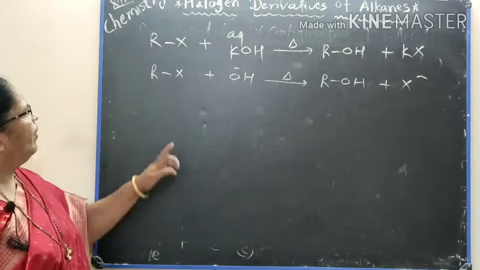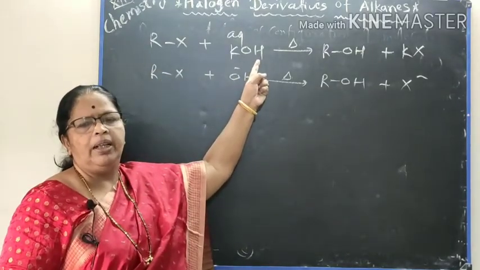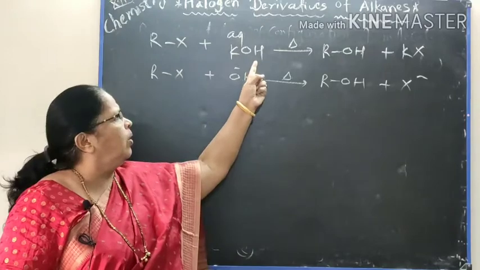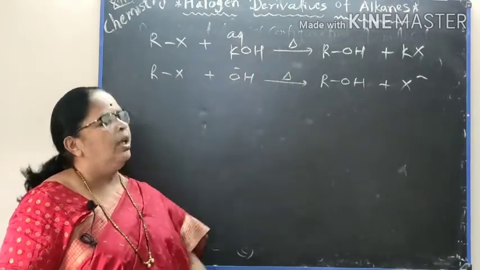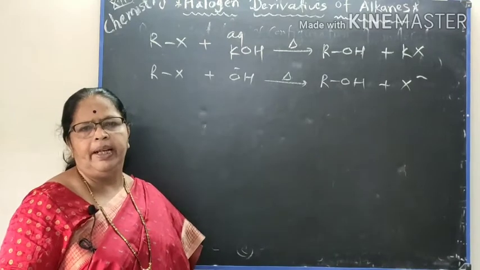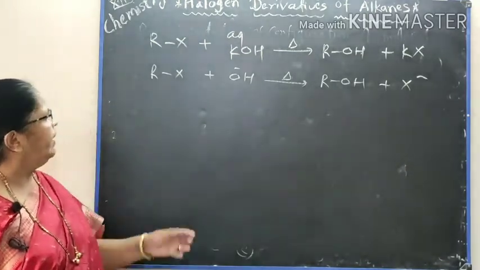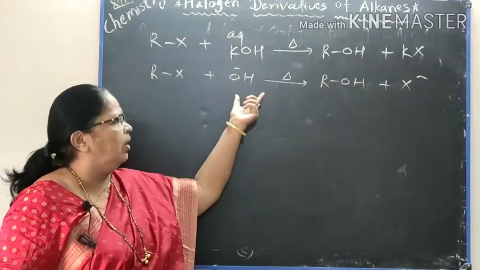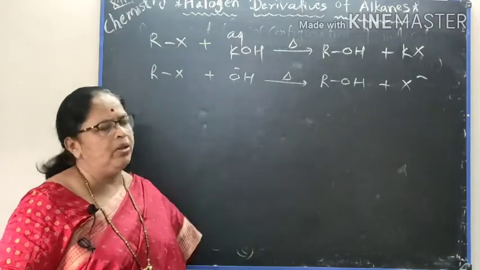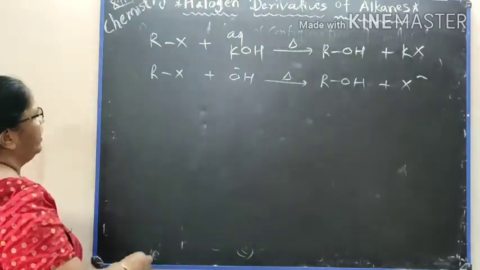Once again see, when alkyl halide is treated with potassium hydroxide or aqueous solution of sodium hydroxide, after heating it gives the alcohol which is represented by ROH as well as KX. Again, when alkyl halide is treated with hydroxyl ions, after heating it produces alcohol with halide ion. We will take one example.